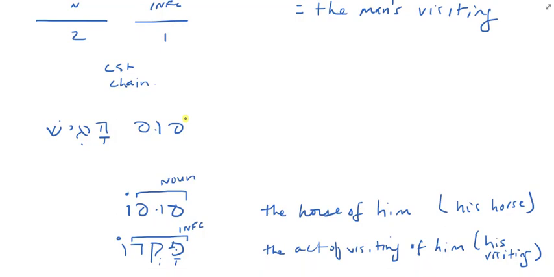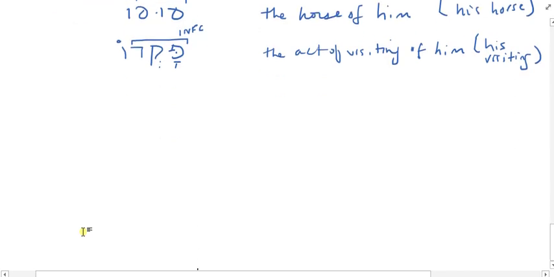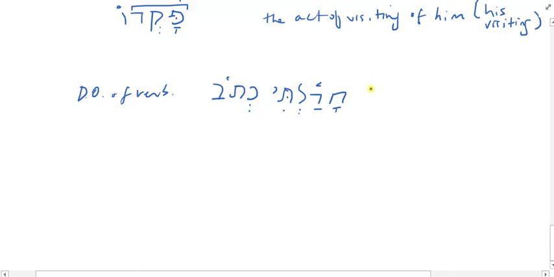All right. Now, up at the top of page 163, he mentions some other ways that the infinitive construct can behave like a noun. It could be a direct object of a verb. So in this example, he has chadalti kathov.